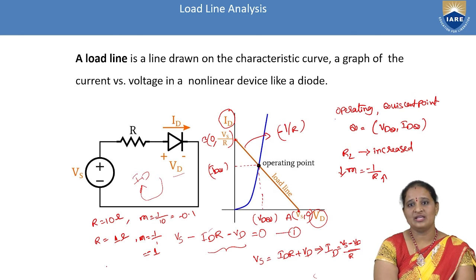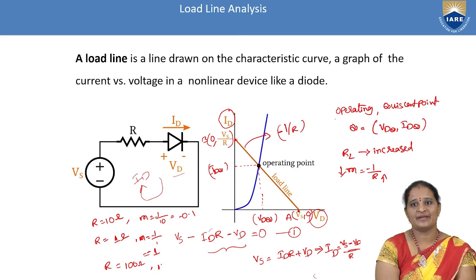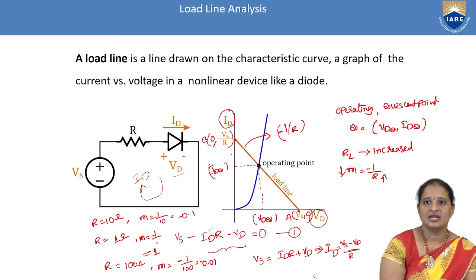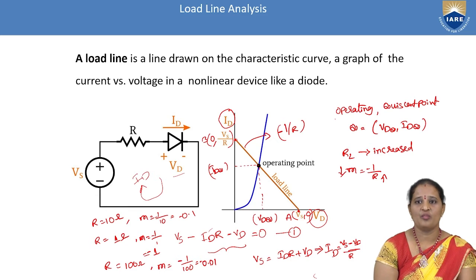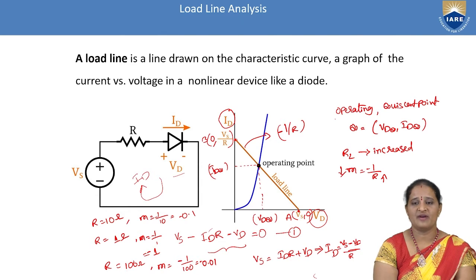If I increase my resistance to 100 ohms, then what happens? m = minus 1 by 100, and hence the slope will become minus 0.01. That means if I have a resistance of 100 ohms in series, then my slope will be reduced.